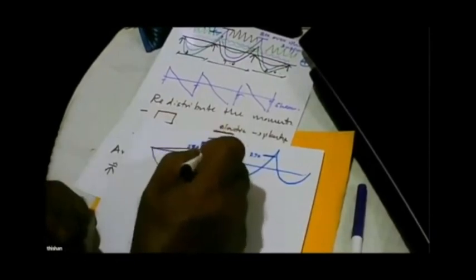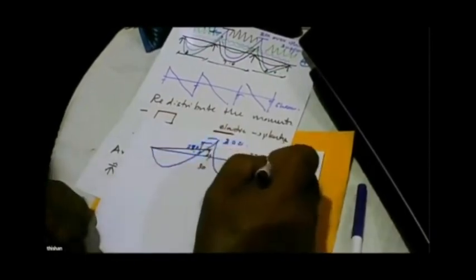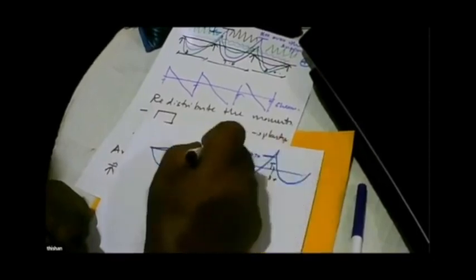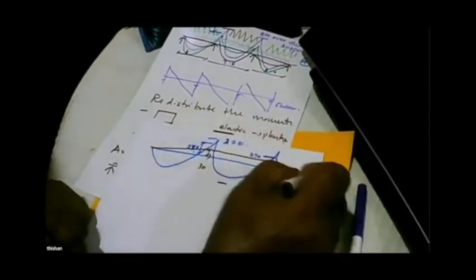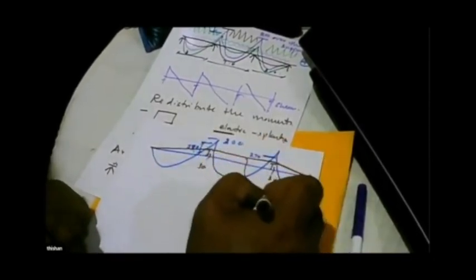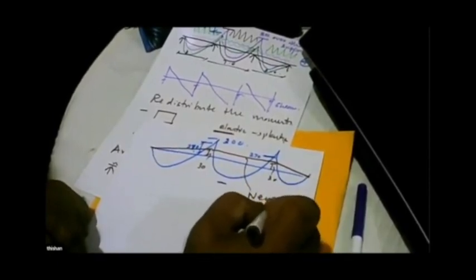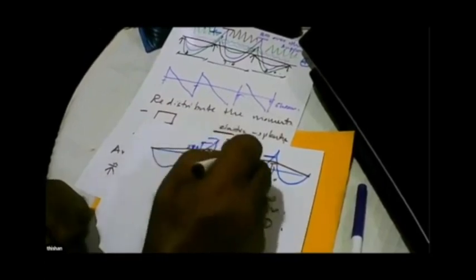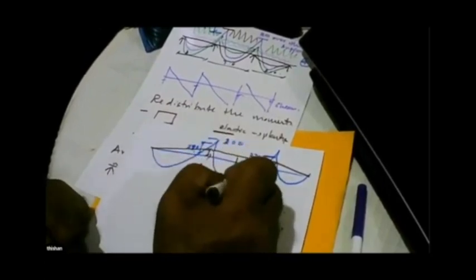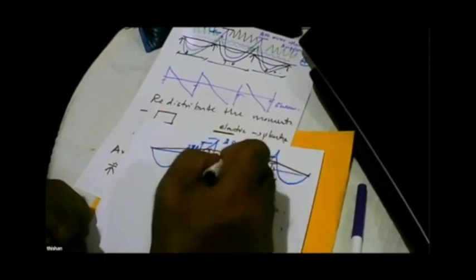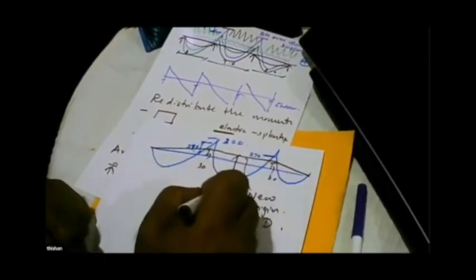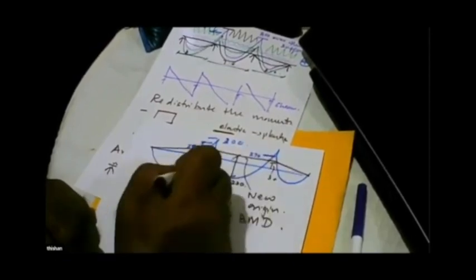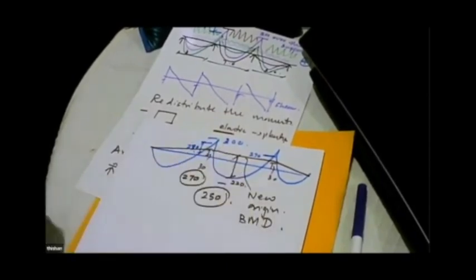What you do is you draw a line here with 30 here, 30 here, and use this as a new origin of the bending moment diagram. Then what is this value? Let's say this has to be about 220. Now what is the design moment here? 250. What is the design moment here? 270. You get a situation like this.